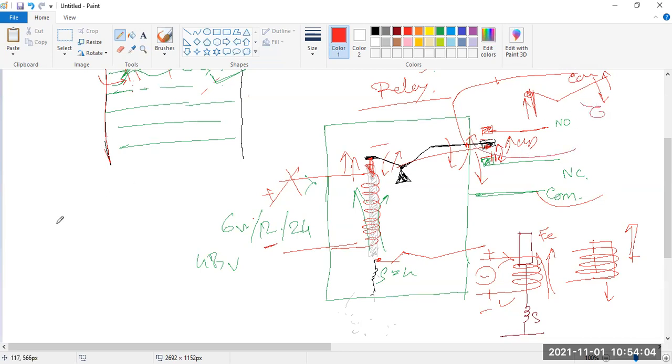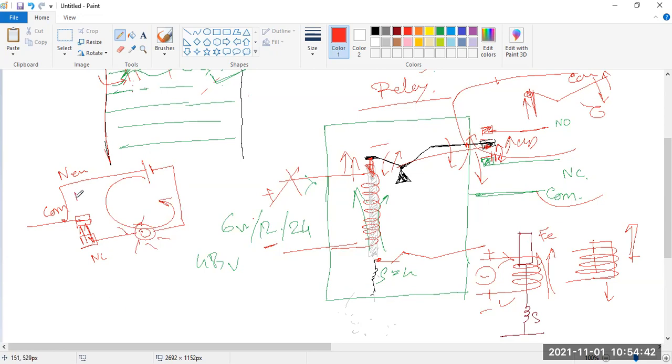I am drawing it here clearly. Say this is the common part, touching one terminal of a battery. Here is the NC terminal, then a bulb or indicator. Look, when this is the NC, it is communicating because it is normally closed. Then current flows in this direction, so it is glowing.